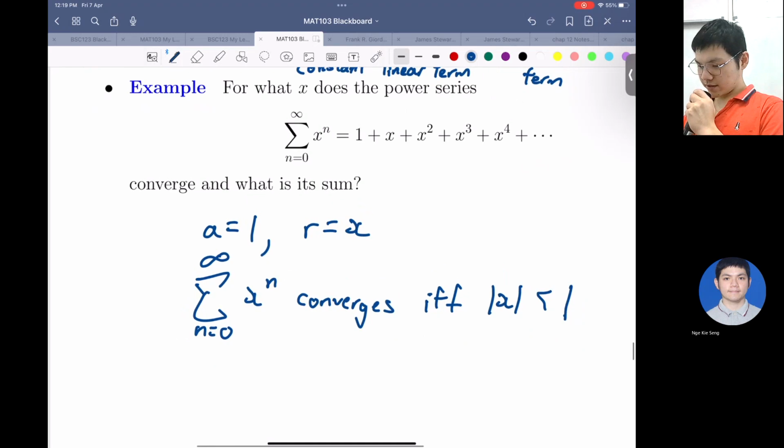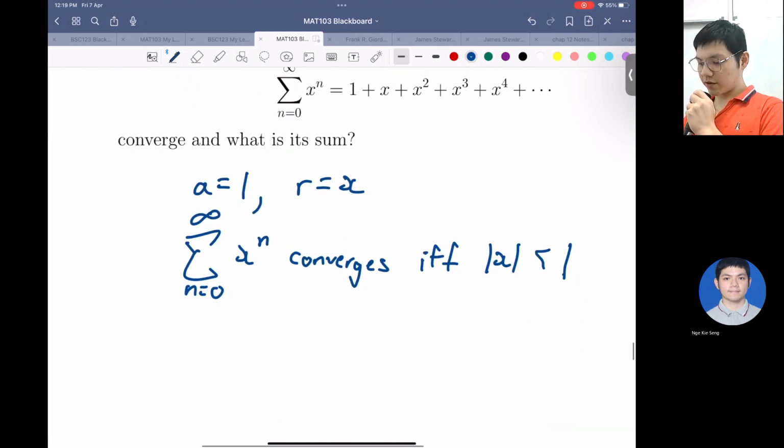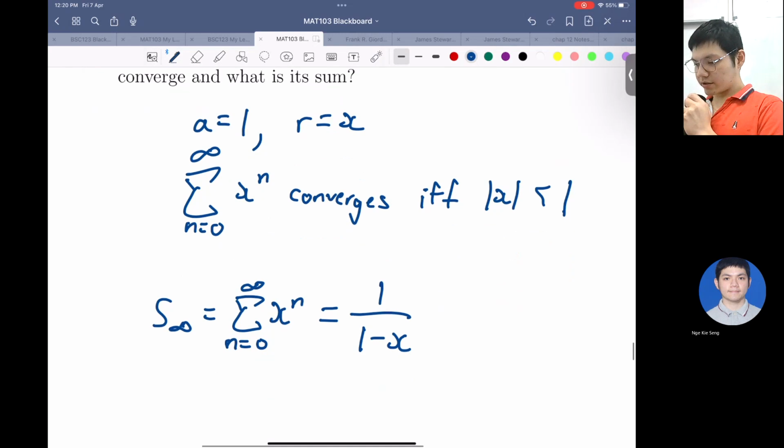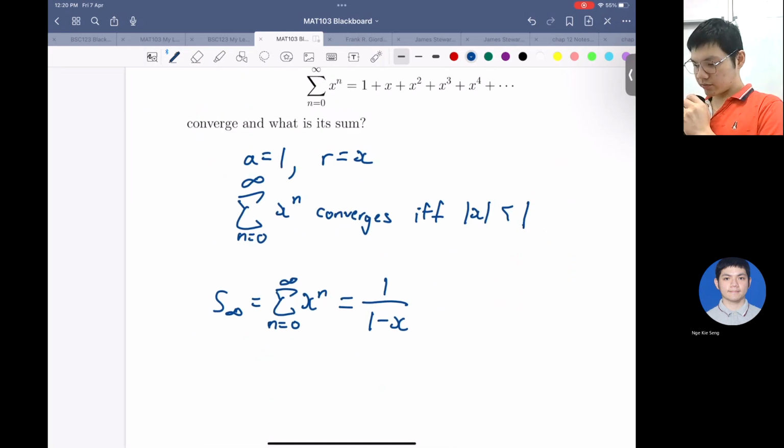So for what x, we solve this. If it converges, the sum to infinity is equal to a over 1 minus r, which is 1 over 1 minus x. So what we have achieved is we managed to write 1 plus x plus x squared plus x cubed and so on, the natural number power of x, equals 1 over 1 minus x.